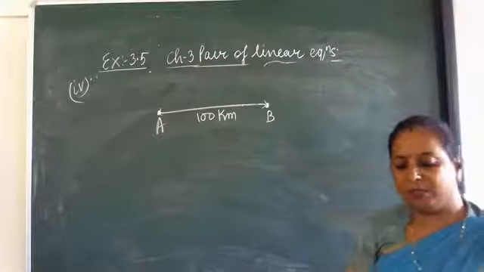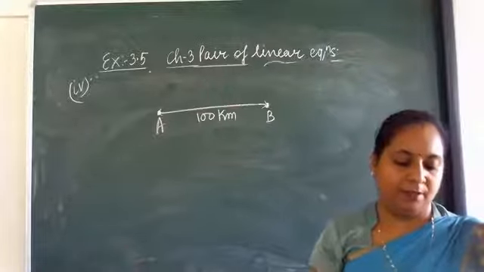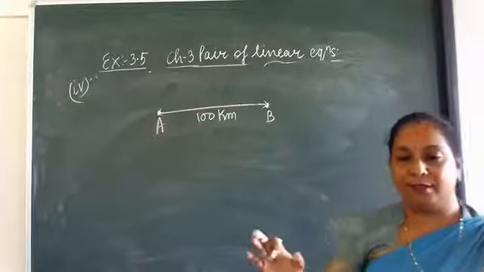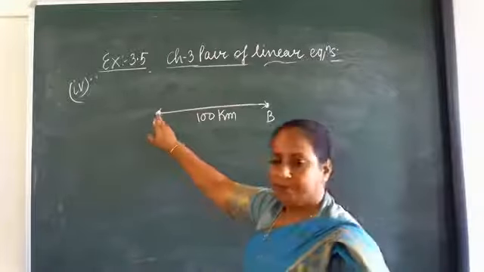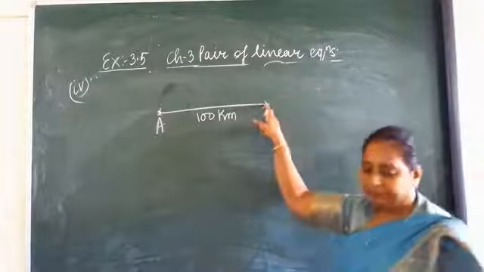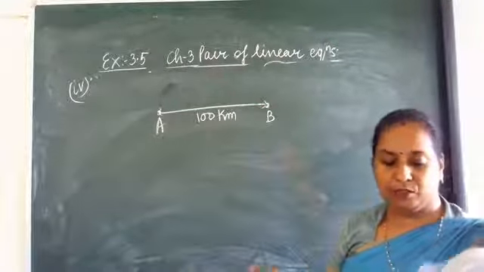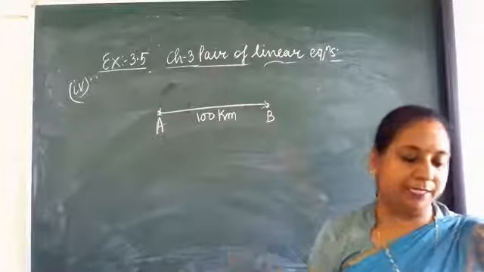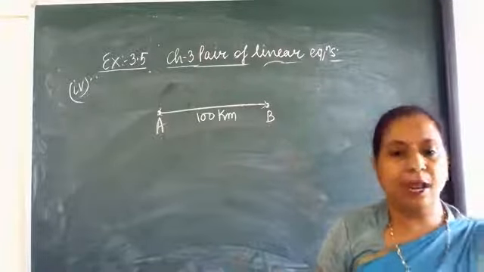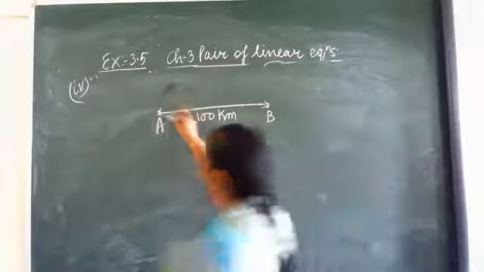One car starts from A and the other from B at the same time. Means one car is starting from point A and the other car is starting from point B. If the cars travel in the same direction at different speeds, they will meet in 5 hours.